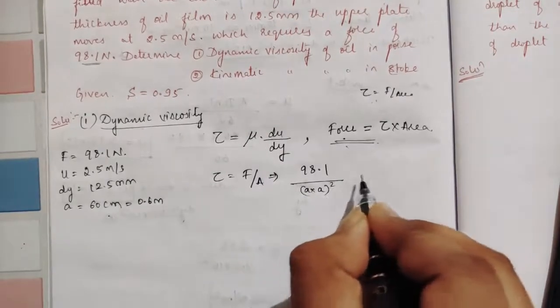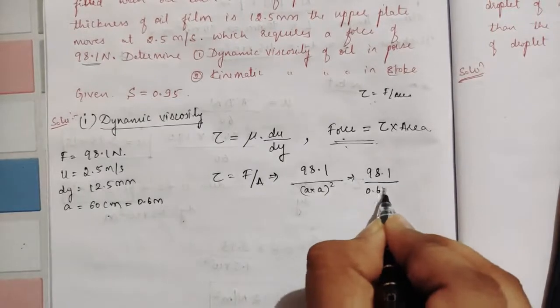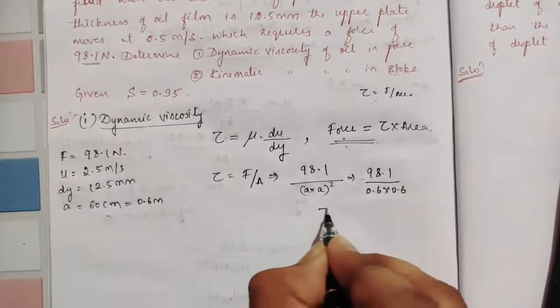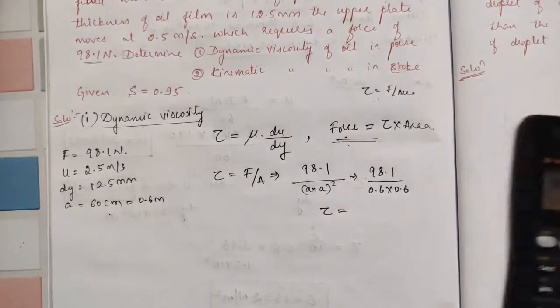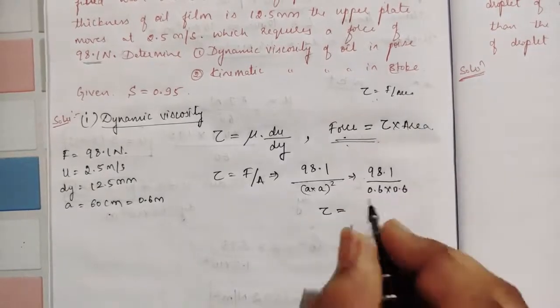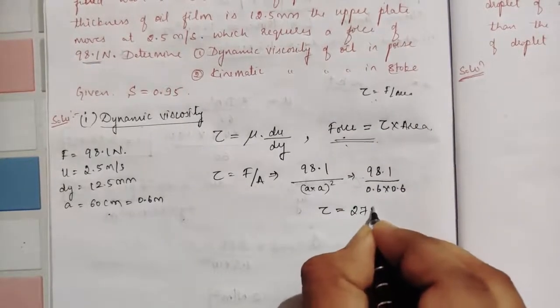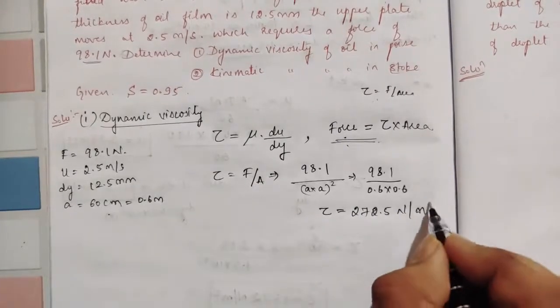So tau is 98.1 divided by 0.6 square, which is 272.5 Newton per meter square.